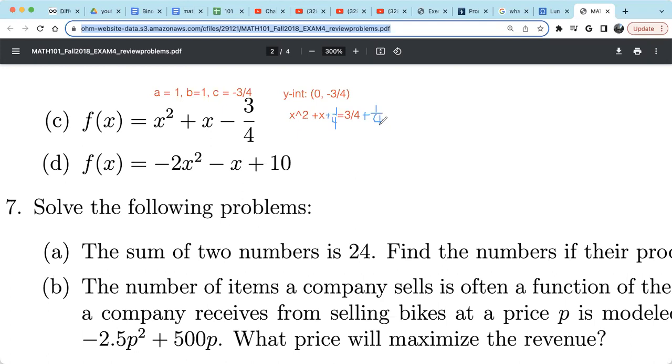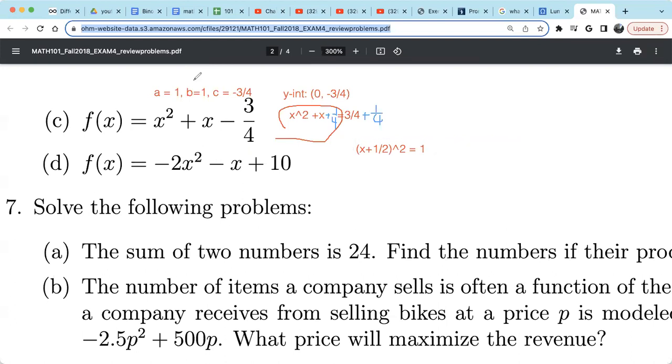In this case, I completed the square with these three terms. So I read it as x plus half, squared, equals 3/4 plus 1/4. That's 4/4, which is just 1.